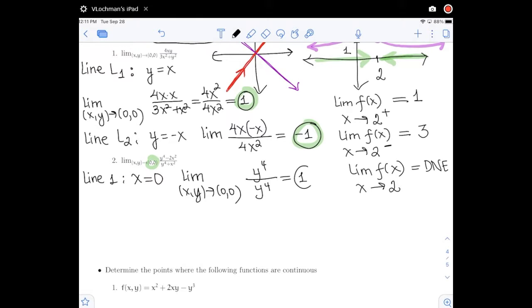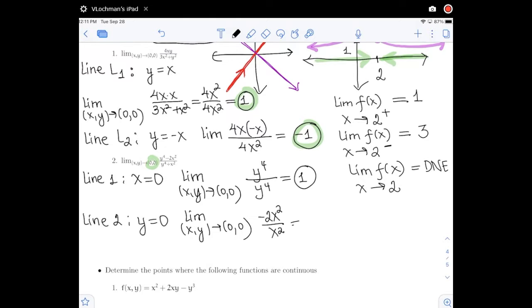Now I'm going to pick the line y is equal to 0. See what happens here. Limit as x, y goes to 0, 0. If y is equal to 0, we get negative 2x squared over x squared, negative 2.